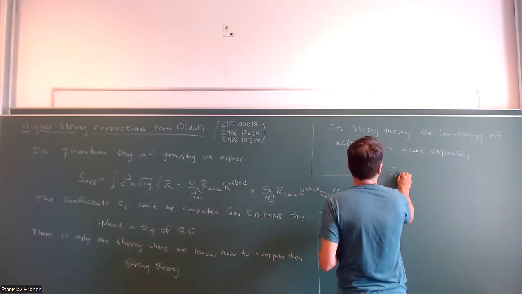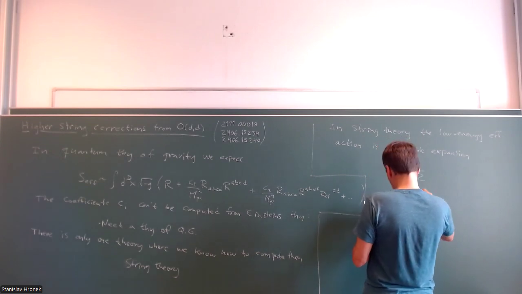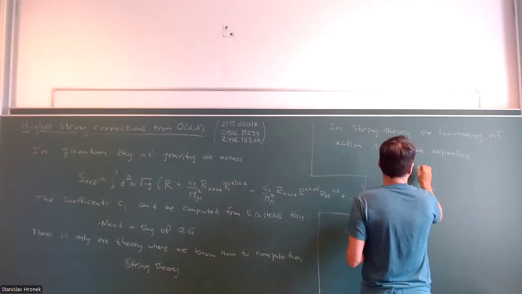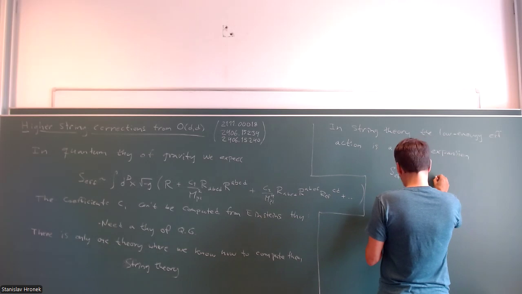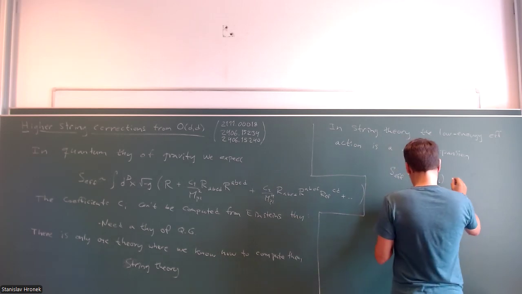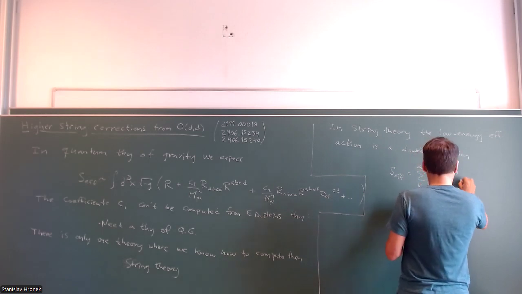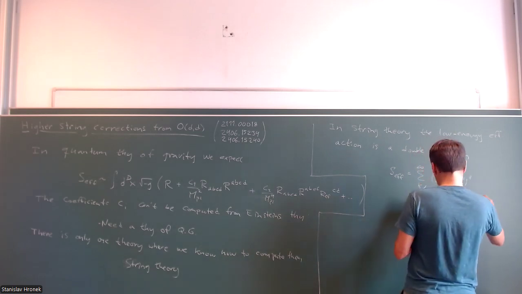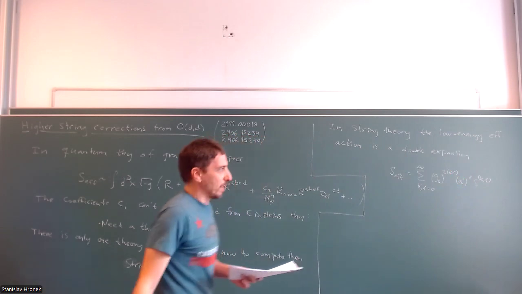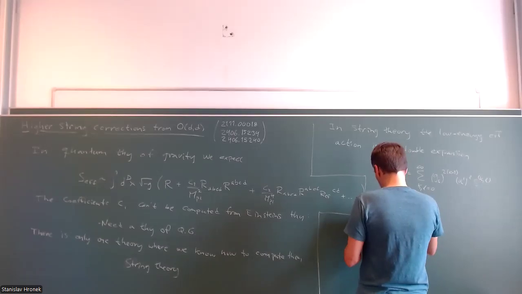It is a sum over two integers, k and l, from 0 to infinity. I'll explain what this means shortly. G_s to the power k minus 1, alpha prime to the power l. It's a double expansion in two things, G_s and alpha prime, and as you know, G_s is the string coupling.